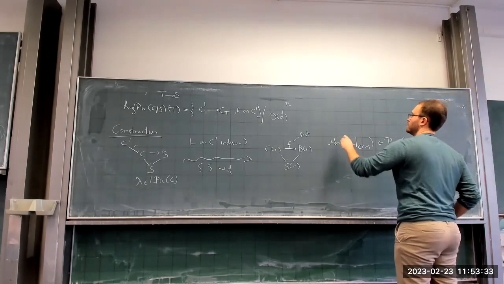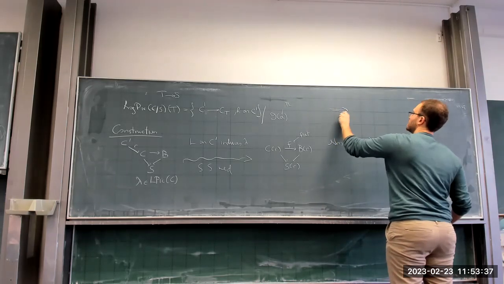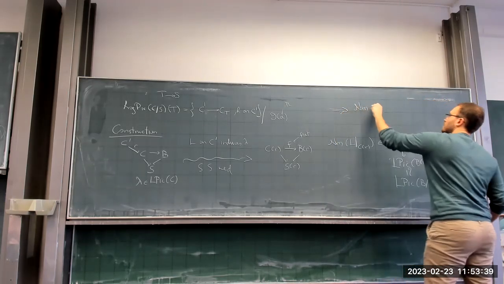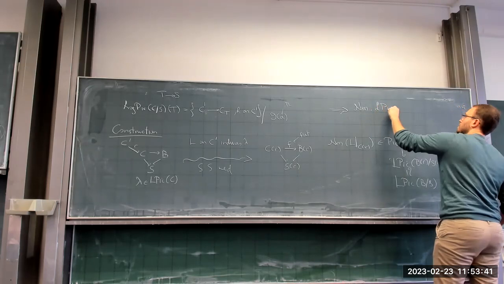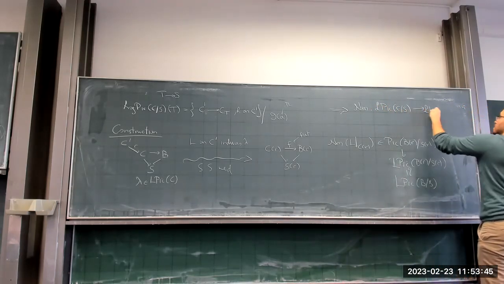So there's a norm map. So this implies that there's a norm map, log Pic of C to log Pic.